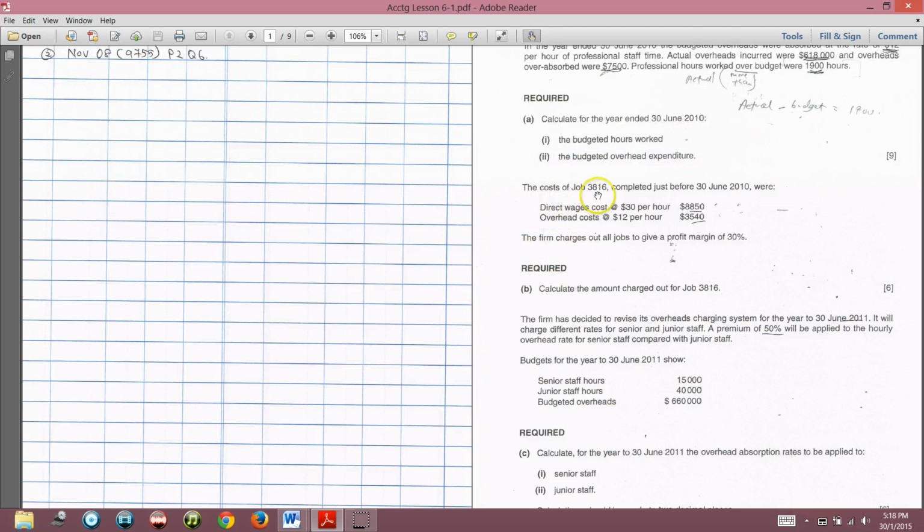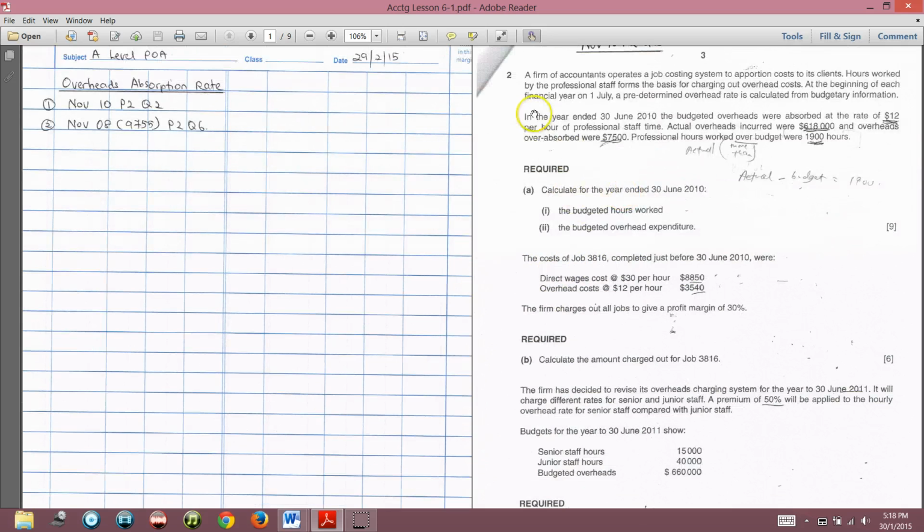The cost for job 3816. In a big accounting firm, you will have many clients. So how do you identify which client is which? Normally we give a job code so that we can easily know which client. Sometimes if the company does not have many clients, they will just put the client's name.